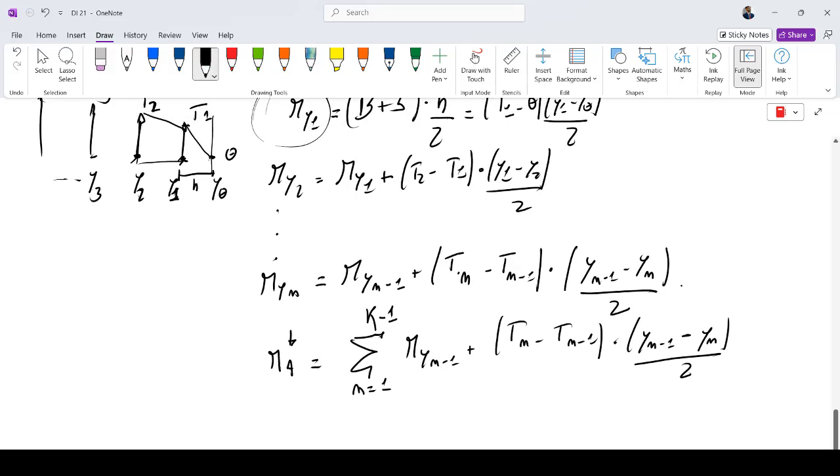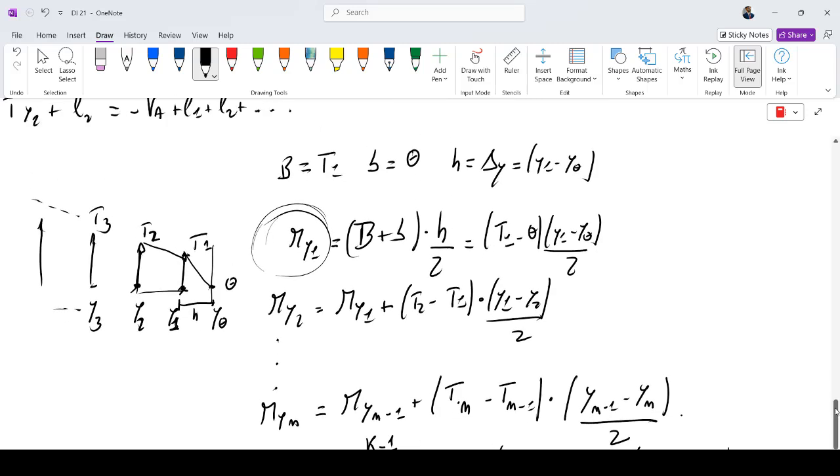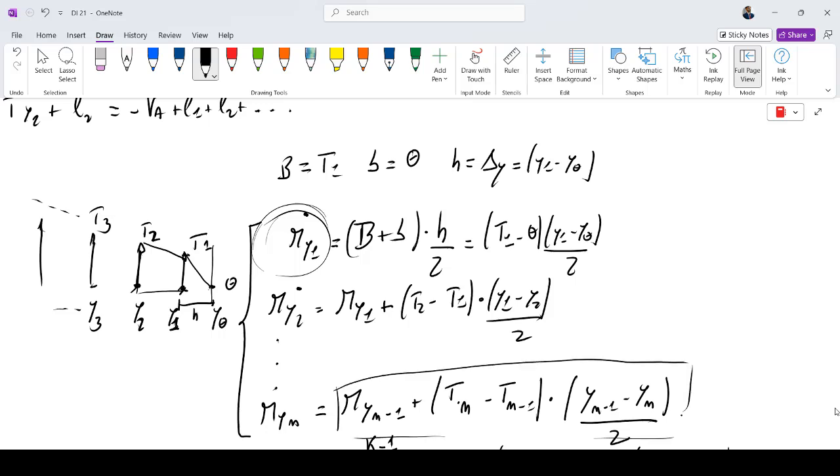We calculated in Excel the distribution of moments following this equation. First the moment at epsilon 1, then at epsilon 2, epsilon 3, and so on, with this simple formula: the previous moment plus the moment obtained at the local station, approximated with the trapezoidal approximation using the shear force and the delta y, that is the step.